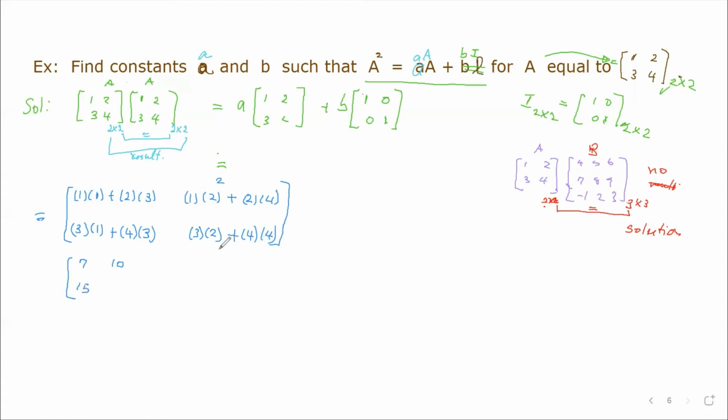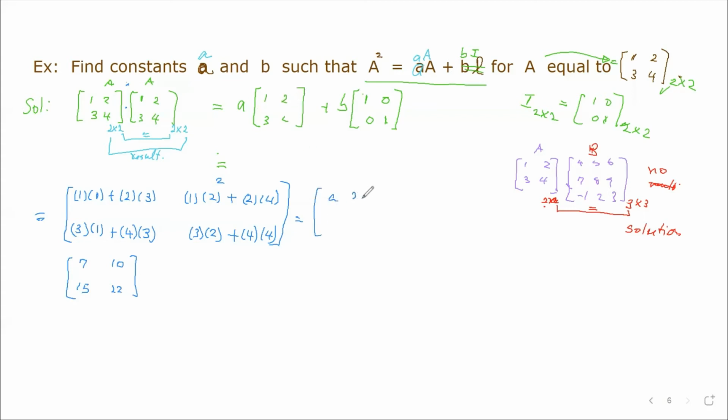This one is 16 plus 6, which becomes 22. So we have this simplified from A times A.